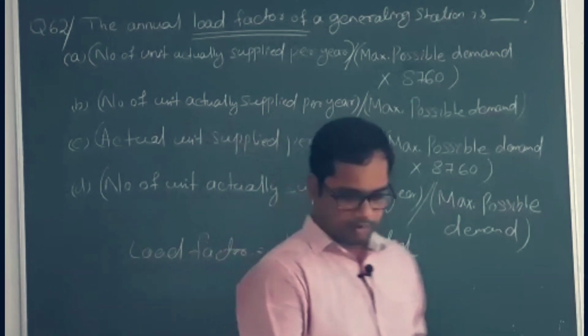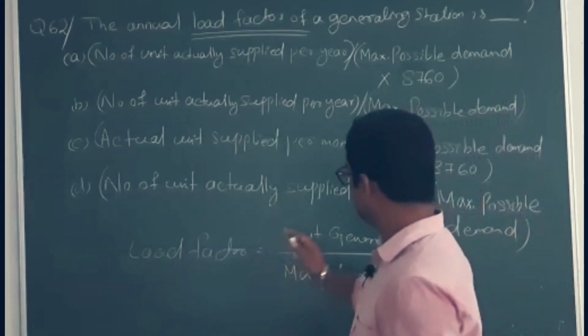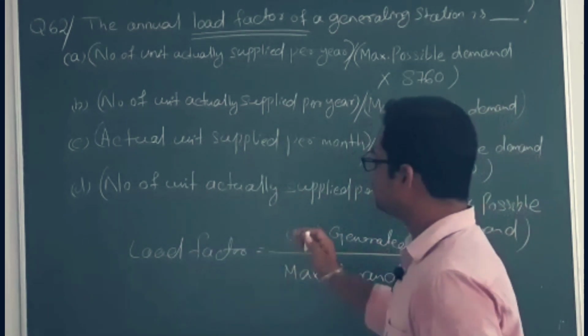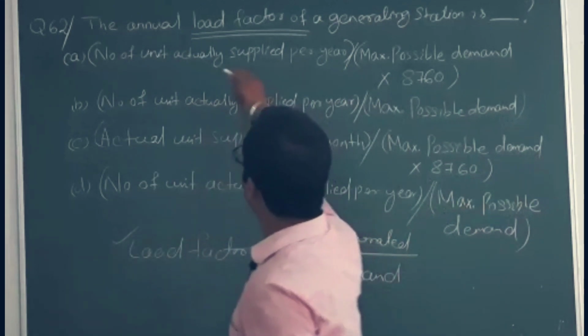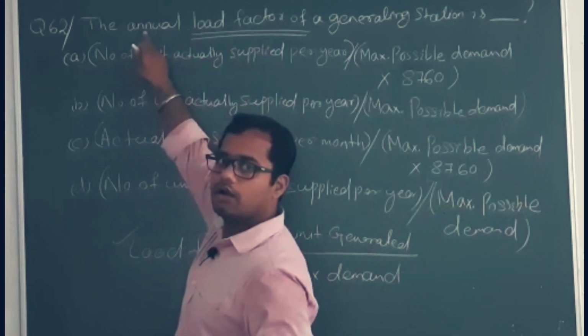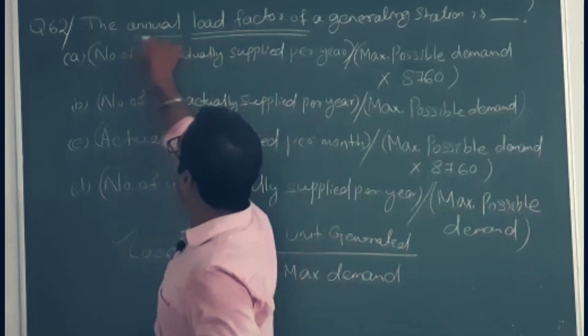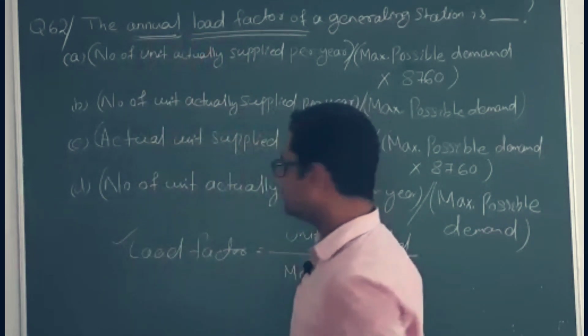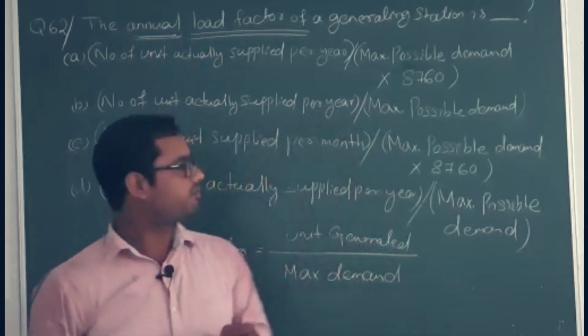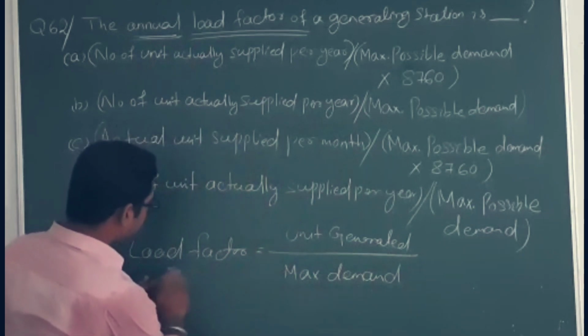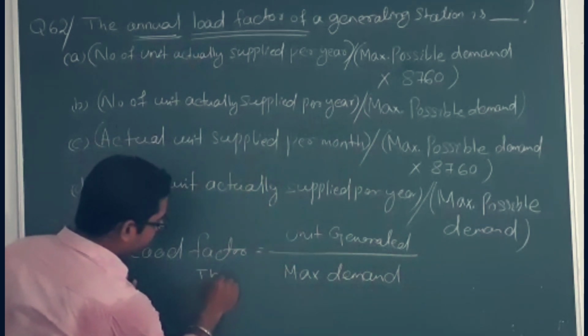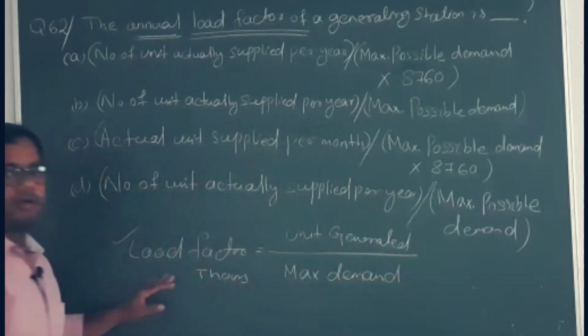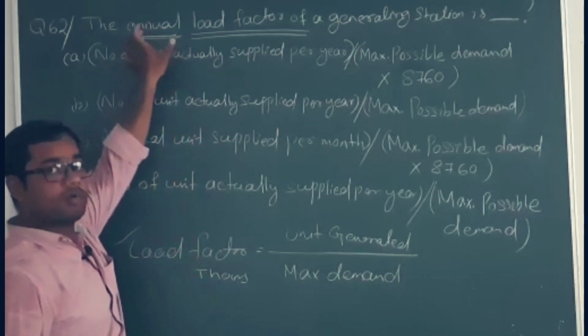So this is the formula: units generated by maximum demand is your load factor. The question asks for the annual load factor, meaning for 1 year. So for T hours, the time is specified here as 1 year.